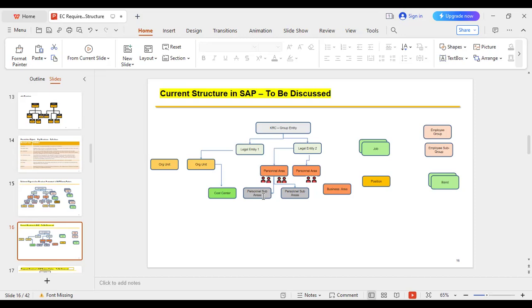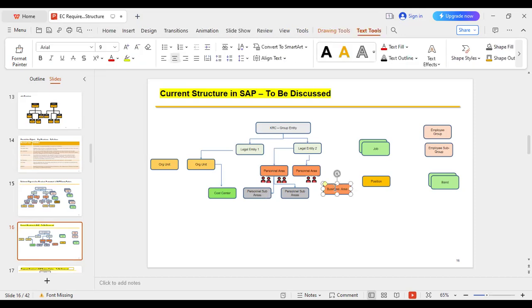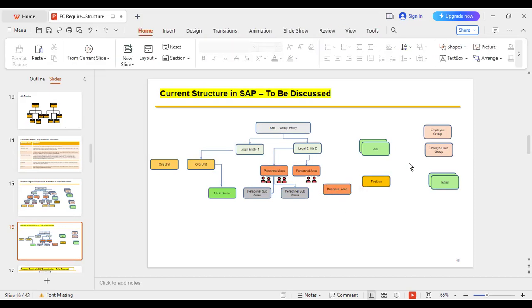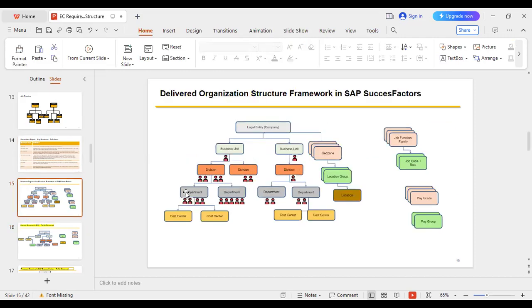We need to make it very clear that business area is the business unit there. So we need to ask them each and every question so we can make our system in this way, because we need to deliver the org structure to any client in this way only.